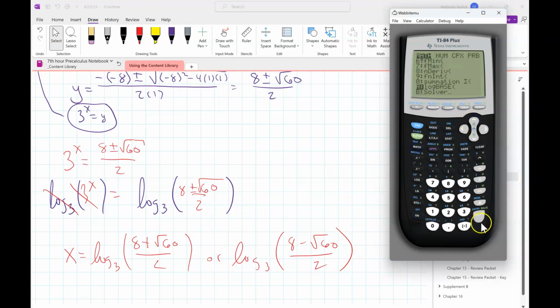So log base 3 of, and I'll use the fraction command there, 8 plus square root 60 over 2. So 1.87, and then just change that to a minus. Negative 1.88.